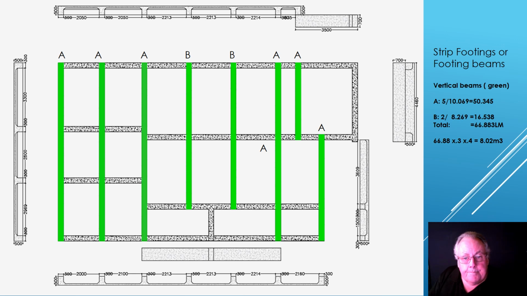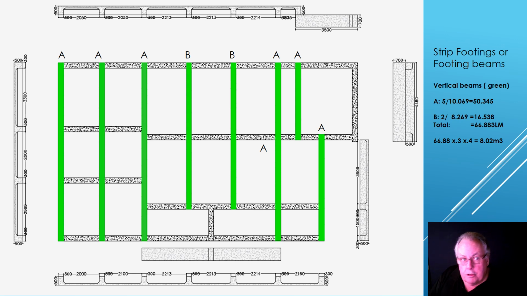Okay, did a little bit of drawing, and I've decided that all of the vertical strip footing beams I'm going to calculate first. And so over here, this distance, and you would need to reference your plan as well, you actually have a dimension of 10 meters 69 from the outside to the outside of the strip footing.